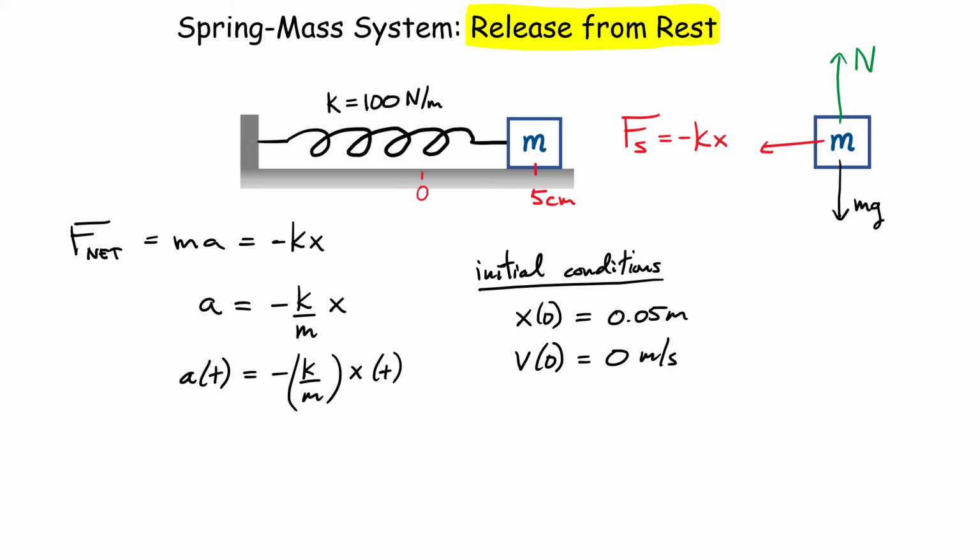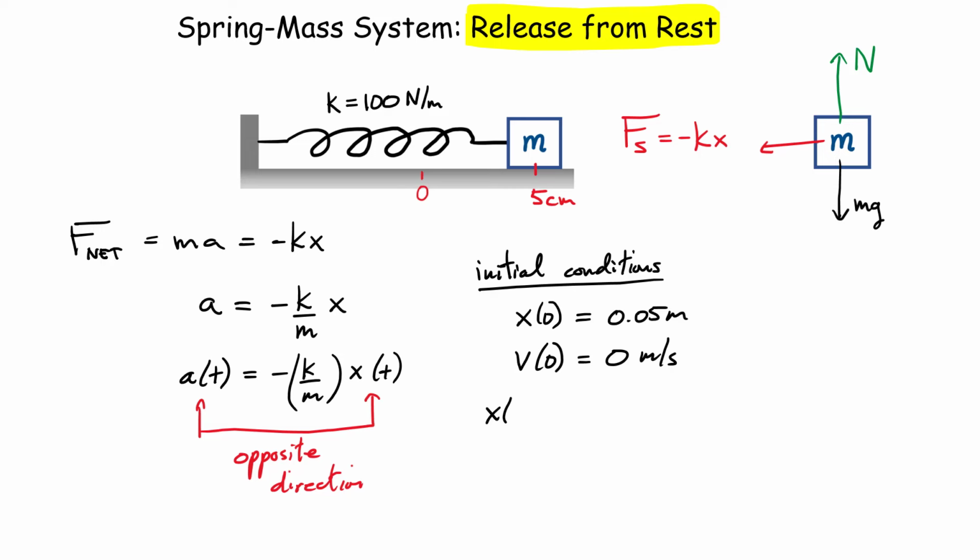Now, the other thing we notice here is that the acceleration and the position relative to the equilibrium position are in the opposite direction. That's really, really important, because of that negative sign, which came from Hooke's law. My goal now is to find what this x of t is.